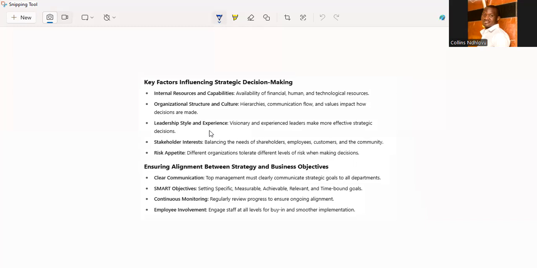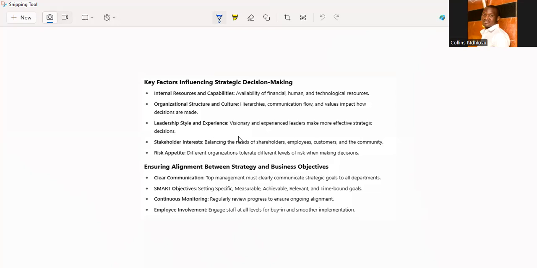We also talked about organizational structure and culture, the hierarchies, the communication flow. We talked about the leadership styles. We talked about the stakeholder interests, where you balance the needs of the stockholders, the employees, and the customers. Okay, so these are some of the factors that will influence strategic decision making, and how we ensure that there's an alignment between strategy and business objectives.